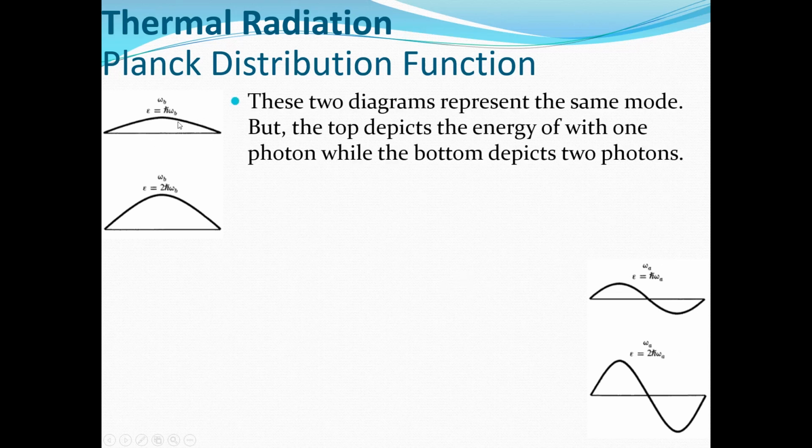Here we have two photons coming in. They're the same mode, so their omega values are the same, and both of these represent half of a wave. But this photon pattern is going to have a much bigger amplitude than this one, and that's caused by the fact that the coefficient is 2. It's bigger than the one here, which doesn't have a coefficient.